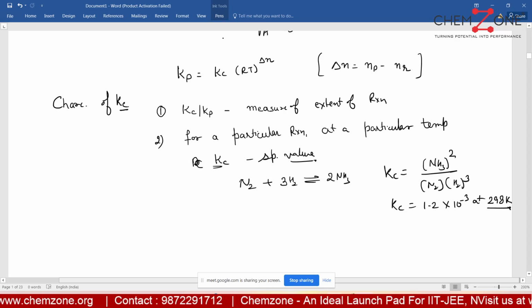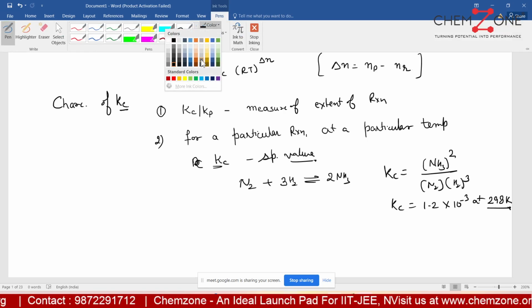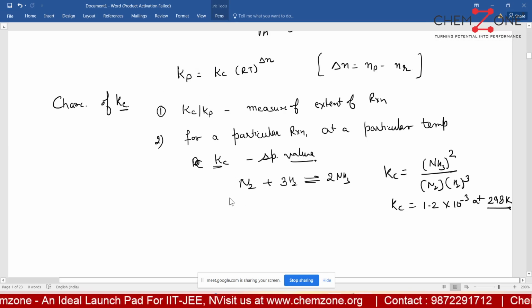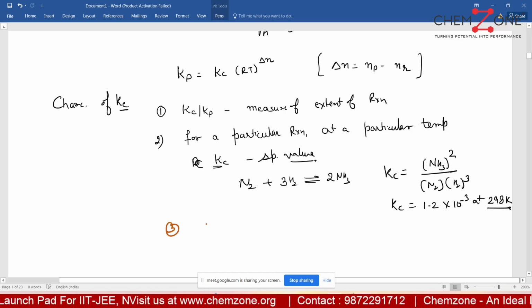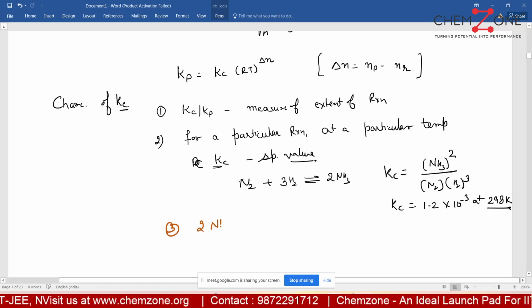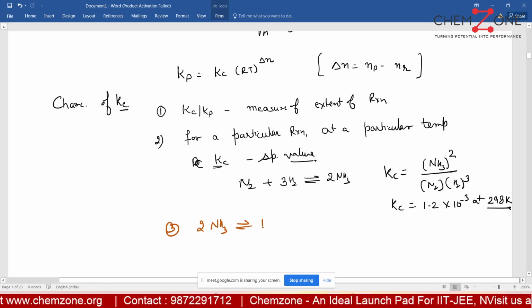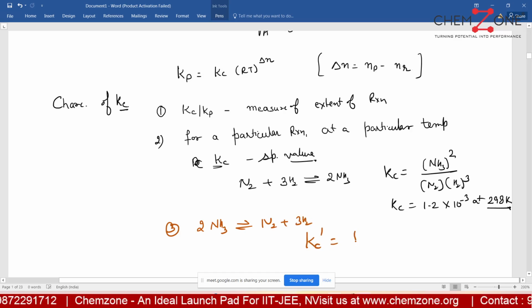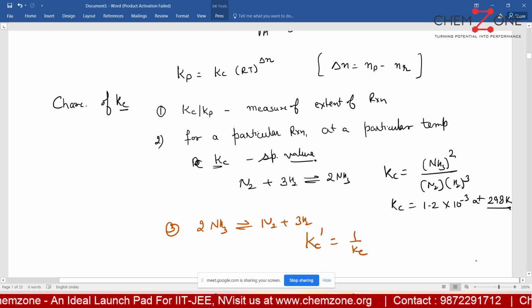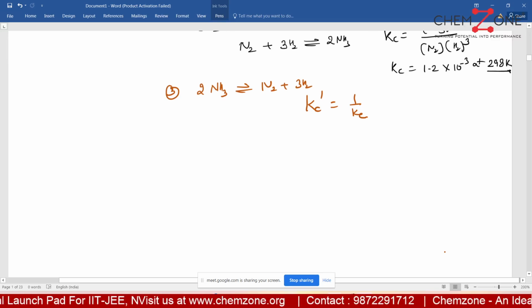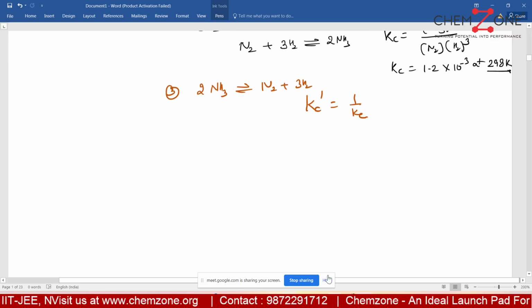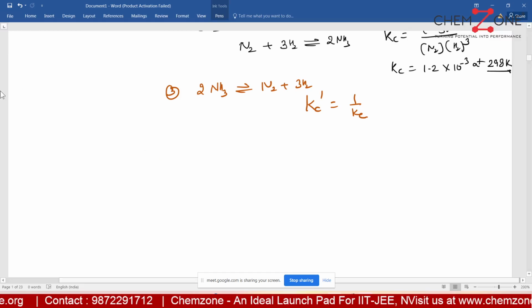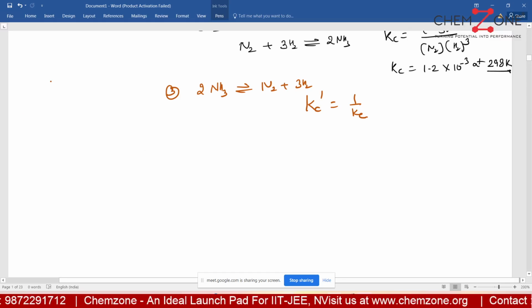Am I clear? If reaction is reversed, the equilibrium constant is inversed. The new equilibrium constant will be 1 upon Kc.